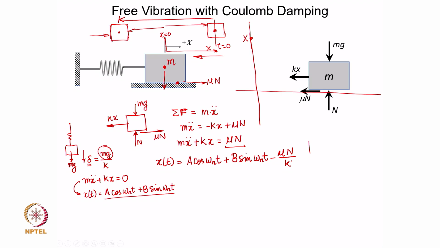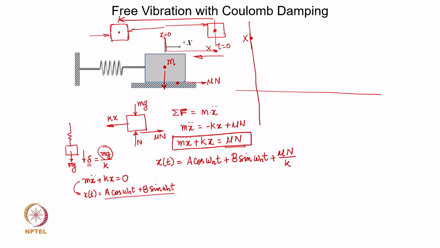The force is acting rightwards, which is x positive. So, it is going to be plus mu N by k. That is going to be the response of the system, which is defined by the governing equation of motion when the mass moves from this extreme right side position towards the left side position. Isn't it?